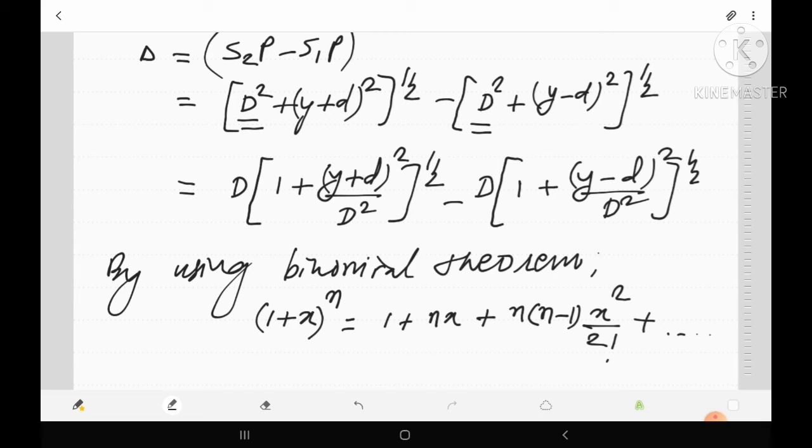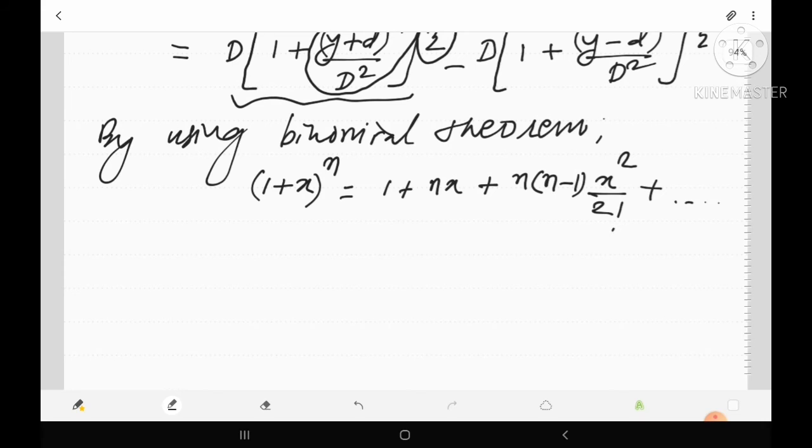So on applying this formula in our case, here we have x equal to y plus d upon capital D whole square, and n equal to 1 by 2.